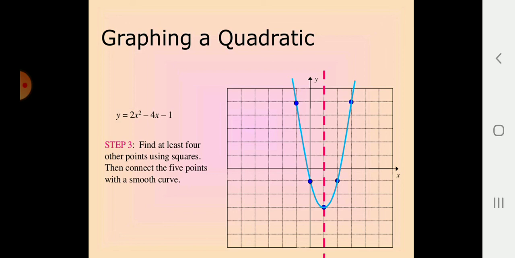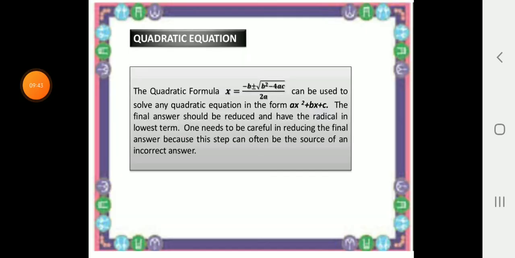So that is how to find other points using a table of values. Connect the 5 points with a smooth curve. So that's all for how to graph quadratic functions.